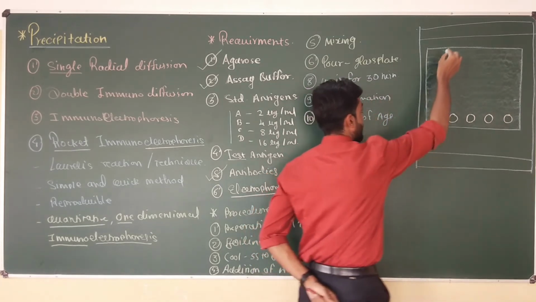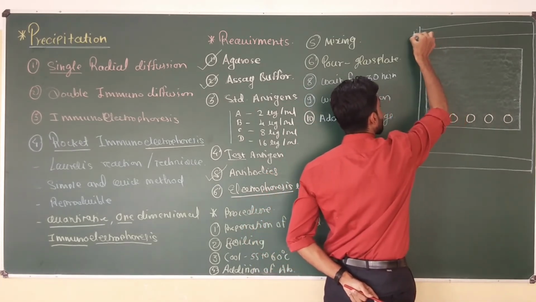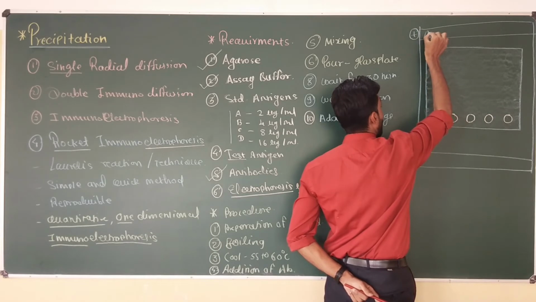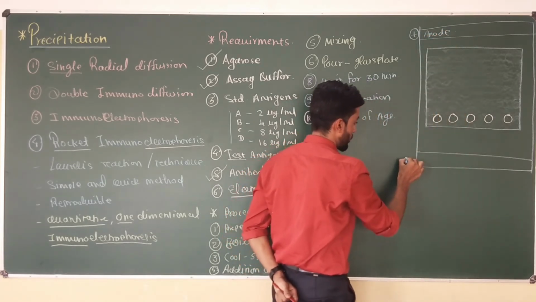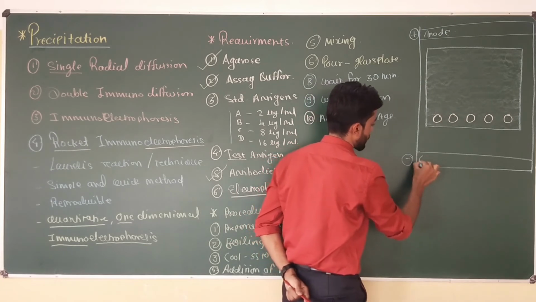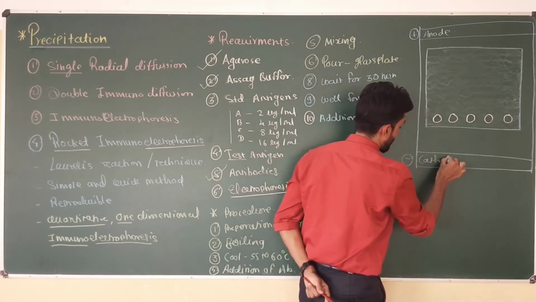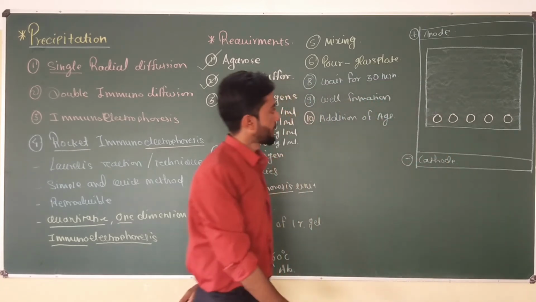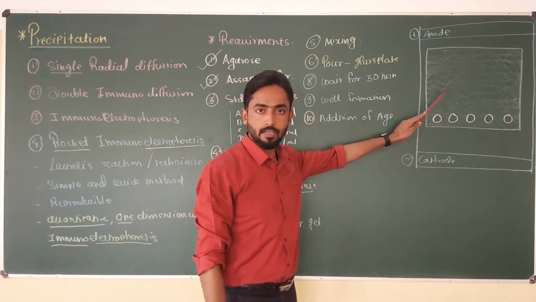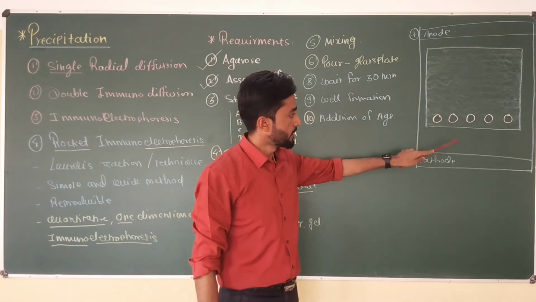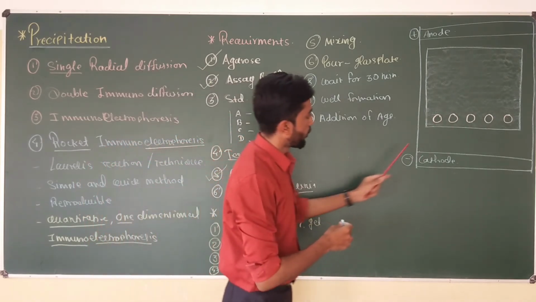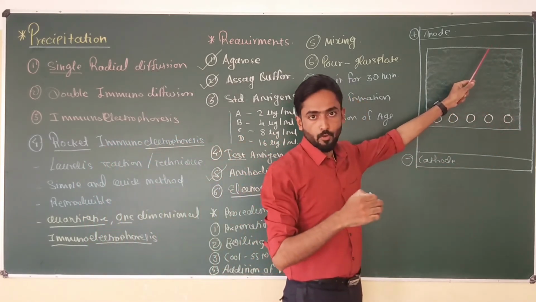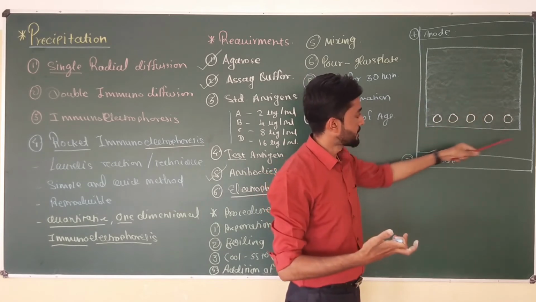One end is connected to, say, the positive charge anode, and another end is connected to the negative charge cathode. I have placed this glass plate with the wells into this electrophoresis tank, and after that I have to pour electrophoresis buffer in this tank.